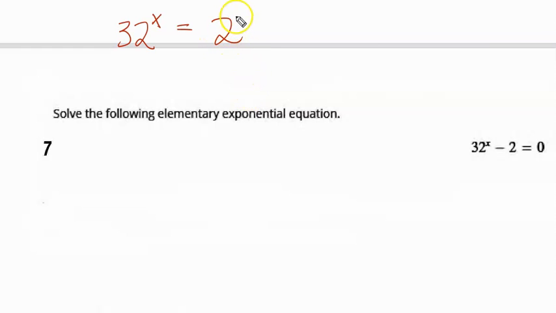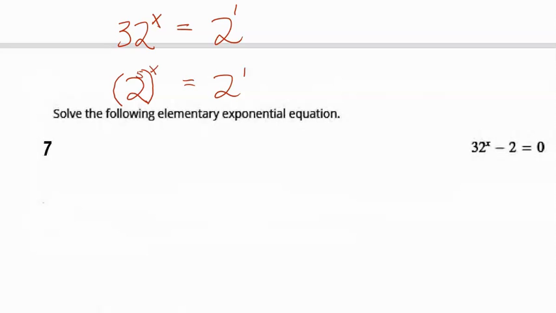Now this is 2 to the first power. We want to get 32 to be some value as a base of 2 to some power. We know this is going to be 2 to the first. Let's see what we can do in some brainstorming here.